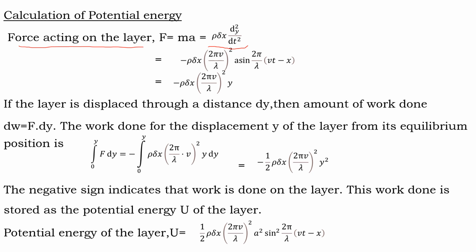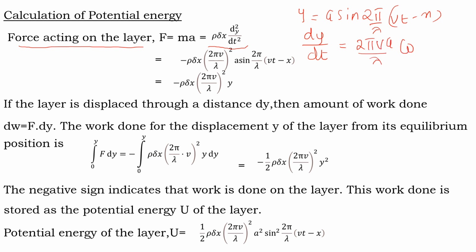Then considering y as a sin 2 pi by lambda vt minus x, and we have calculated dy by dt, that is 2 pi va by lambda cos 2 pi by lambda vt minus x, it is dy by dt.